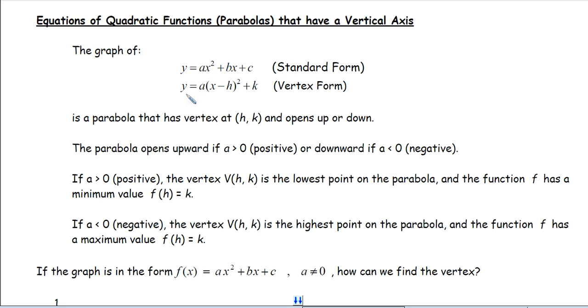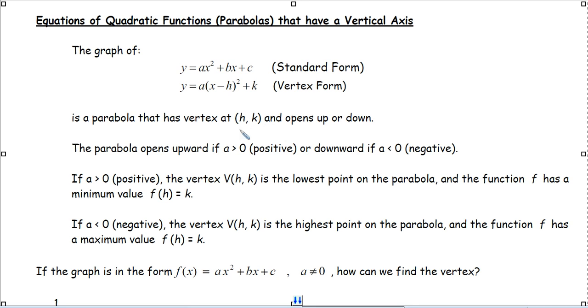And another form: y equals a times the quantity x minus h squared plus k. That's called vertex form. We'll be graphing both of these. Both are parabolas that have a vertex at (h, k), and they open up or down. So get used to seeing that (h, k). It comes back again and again on different kinds of models.